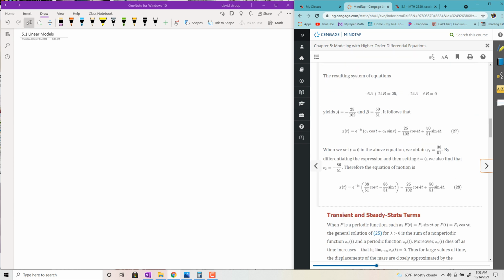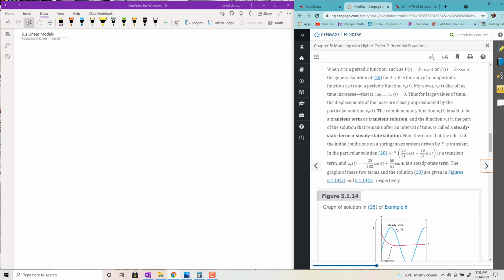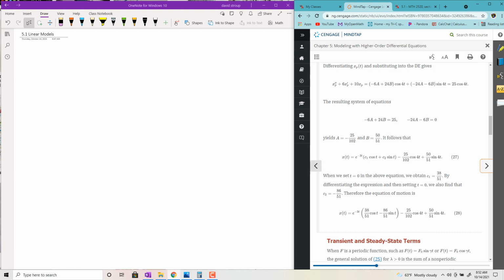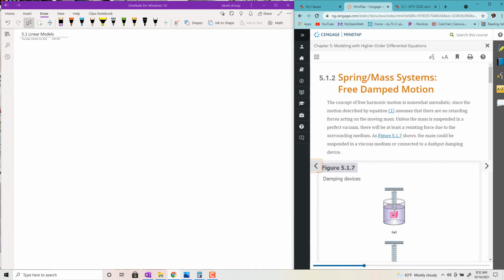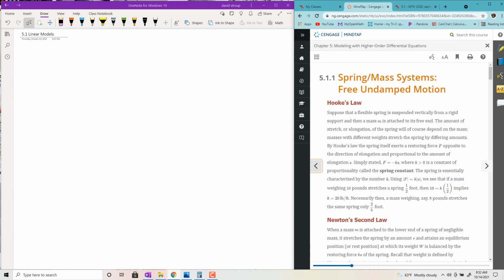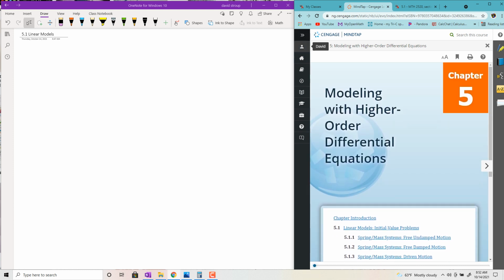But I don't think there's any variation of parameters, or you don't have to get crazy like that. You just use what you learned in the section on solving homogeneous and non-homogeneous equations.